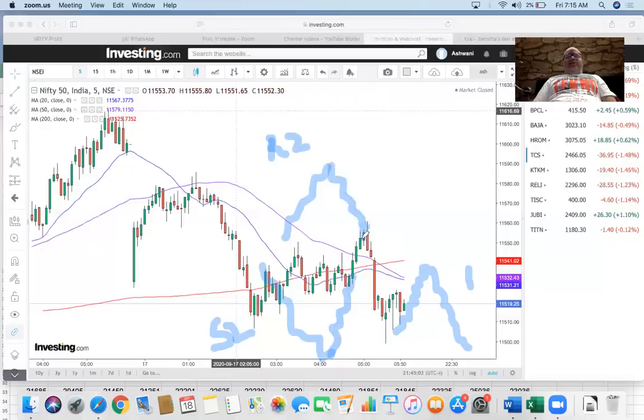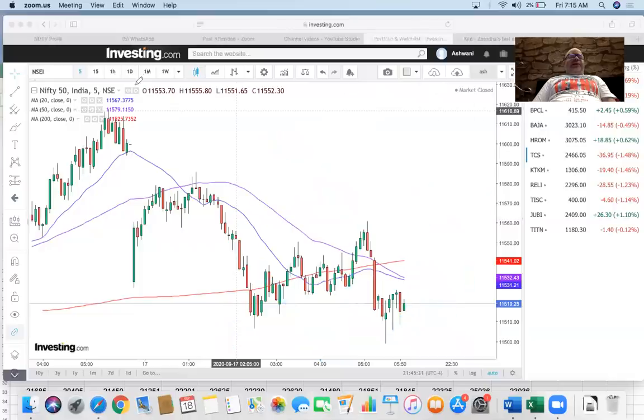So these are the two scenarios that I see possible. Basically, because we are trading close to the 200 on the 5-minute, intraday rallies to this zone of 530, 540 can be used to sell.